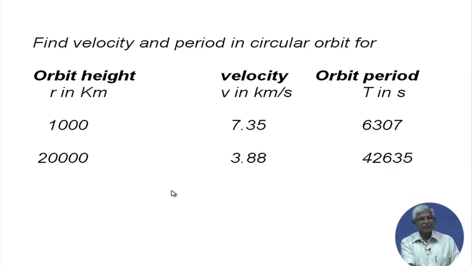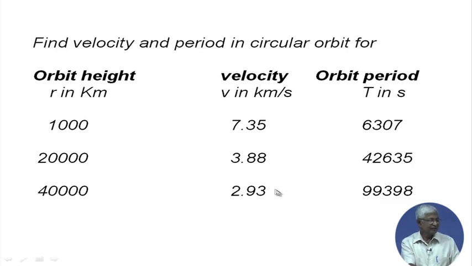Now you try for 40,000 kilometer, and you get almost 3 kilometer per second orbital velocity, and the orbital period is 99,300 or 400 seconds.